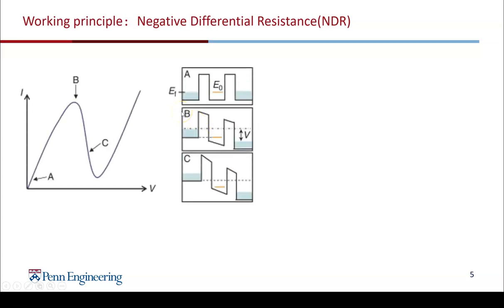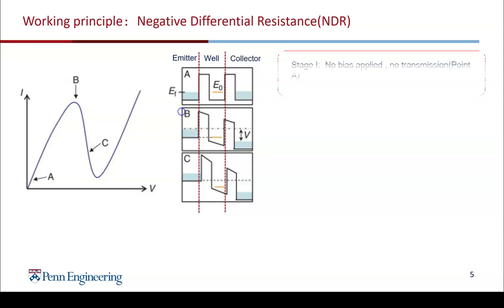The structure of the RTD can be divided into 3 parts. The first part is an emitter that provides electrons on the left, the potential well in the middle, and finally the collector on the right. At stage 1, when no bias is applied, there would be no transmission, since the tunneling probability is very low.